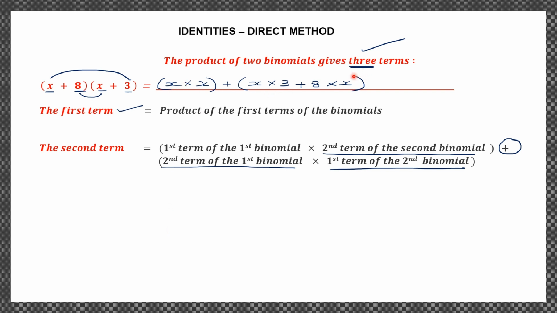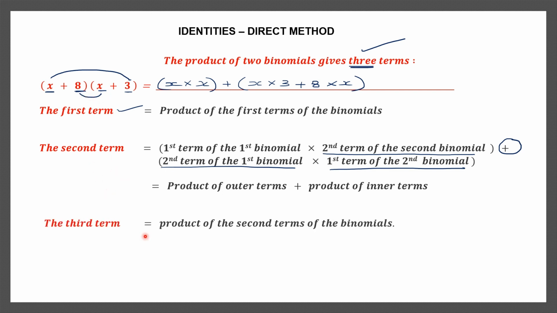Now what is the third term? Here the second term is actually the product of the extremes and the product of the means, like we've learned earlier, isn't it? So it's the product of the outer terms. We don't use extremes and means here. We say product of the outer terms plus product of the inner terms. So that is your second term.